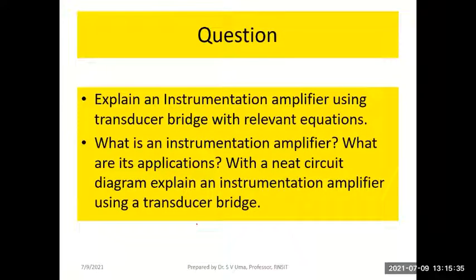Or you can have the output equal to the difference of the input, VB minus VA, subtractor. Or you can have the output equal to the difference which is amplified, RF by R1 into VB minus VA, which is what? A difference amplifier. It's amplifying the difference between the two input signals.